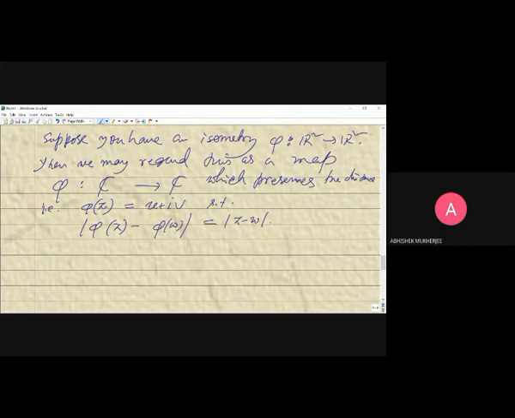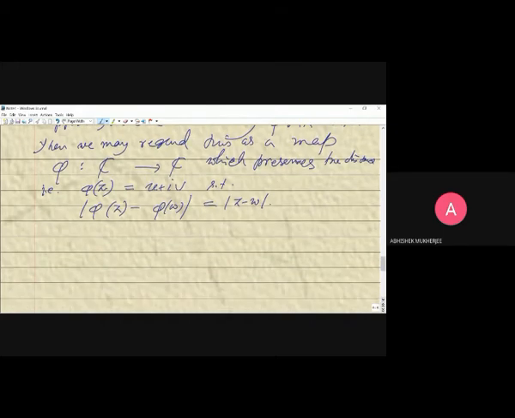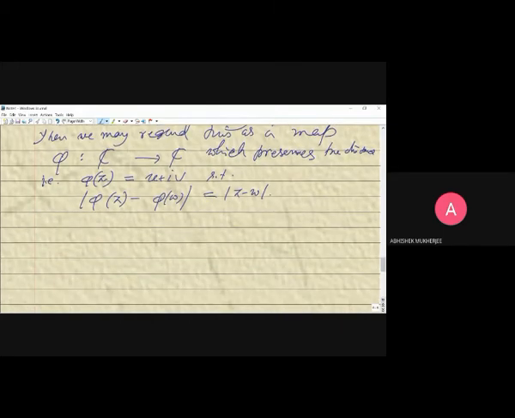So phi is a map from C to C which preserves the distance. We are just thinking of these maps as maps from C to C, and nothing more than that.